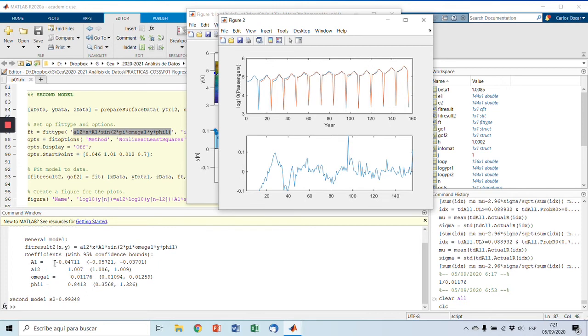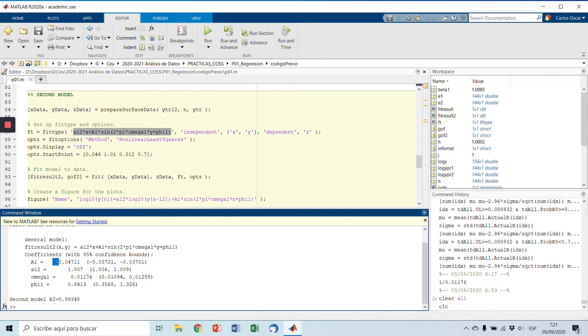And this minus doesn't matter because it is a sinusoidal function, so this minus translates into a phase term, and then the phase is when the sinusoid should start. We can see now that the R squared is much better than before.